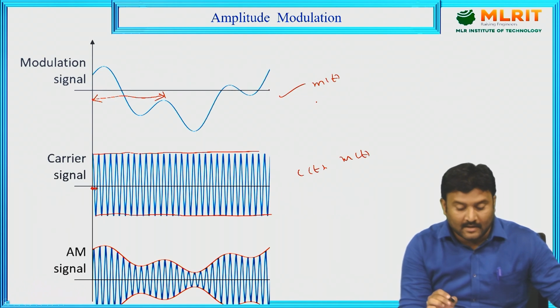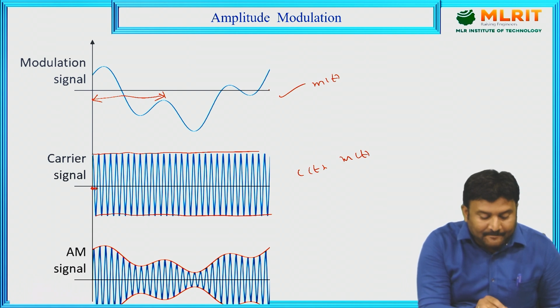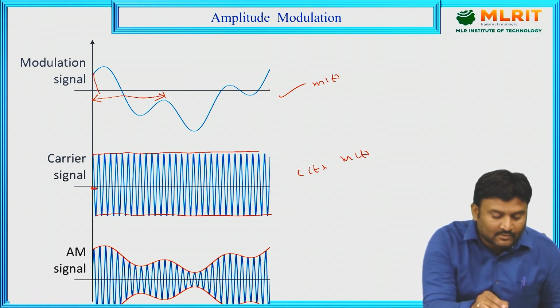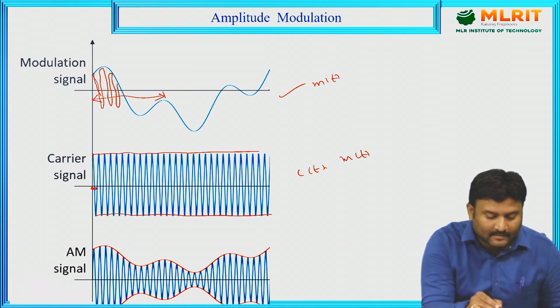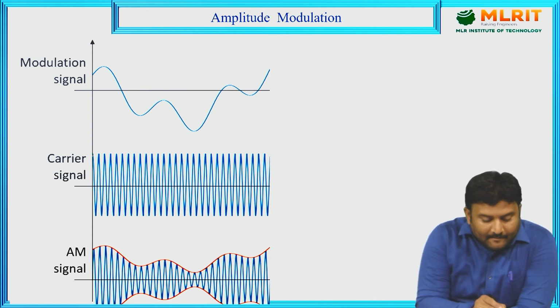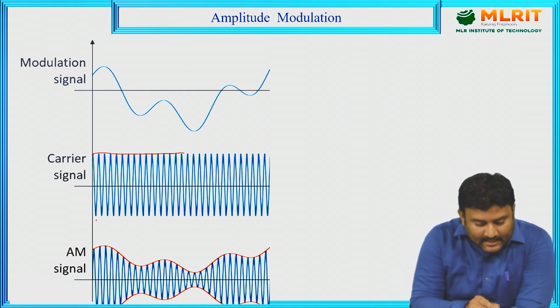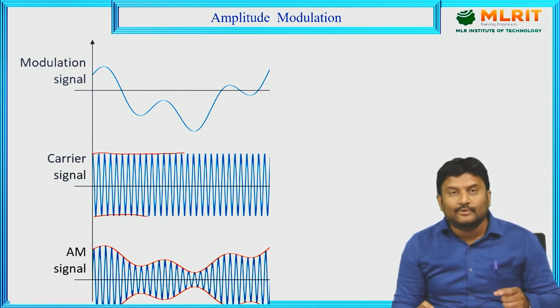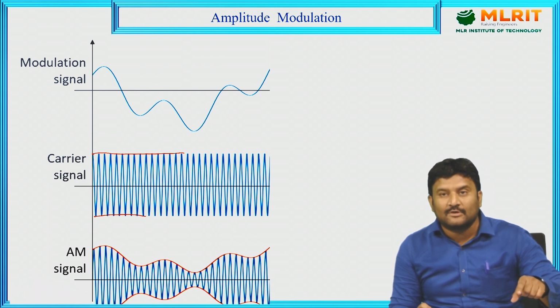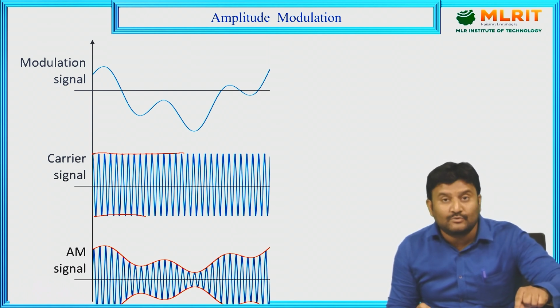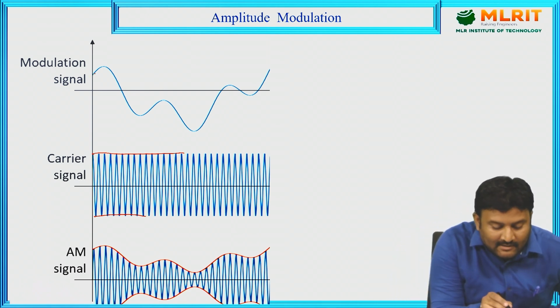Therefore, observe, the carrier amplitudes are varying with respect to the message signal. That is the meaning. The amplitude of the carrier is varied according to the amplitude values of the message signal.